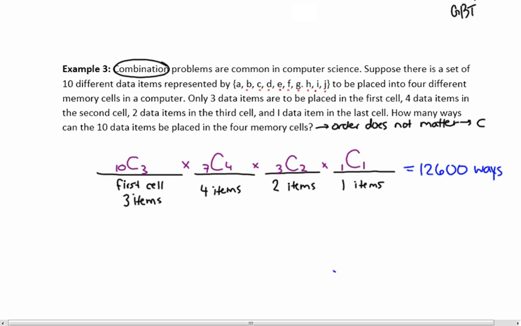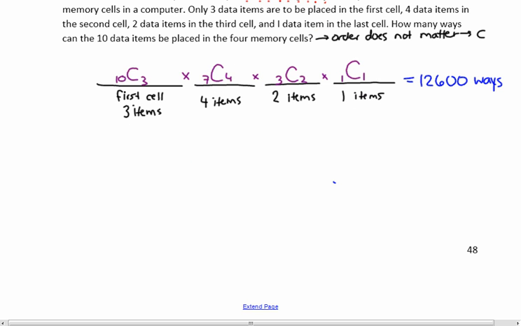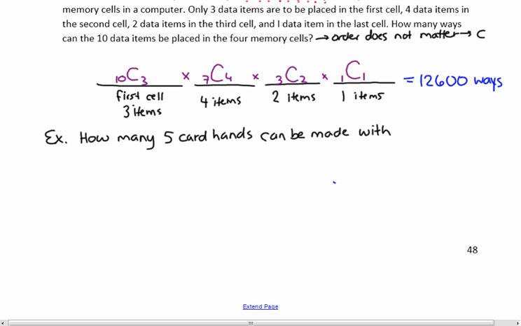Okay, I'd like to give you one more example. Five card hands can be made with at most 2 red cards.